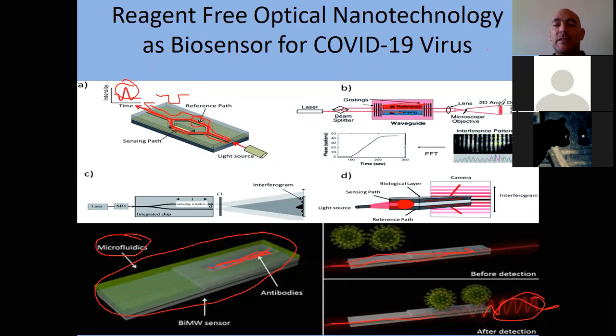You have an objective, and then depending on the change of phase and the time, you can actually collect a different signal. And if it's flat, that means there is no virus. If it starts to have some waves, that means you have virus inside the blood, okay?